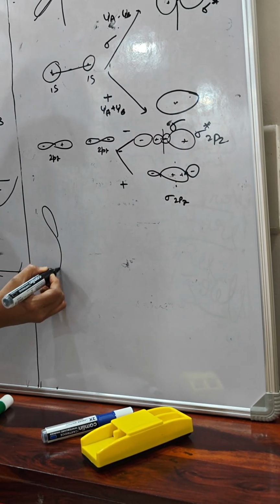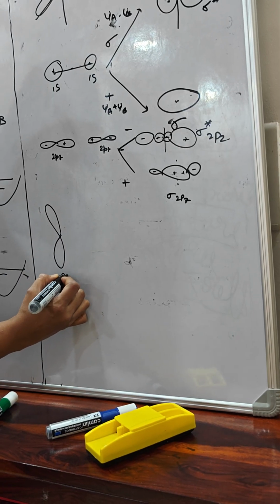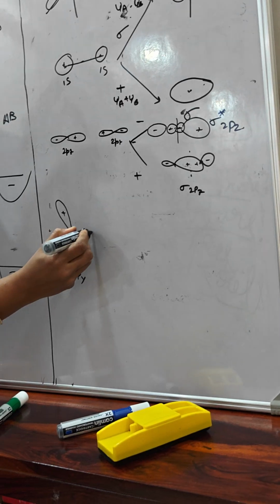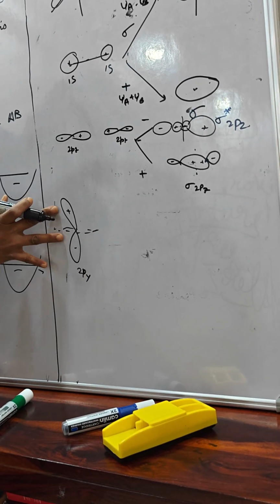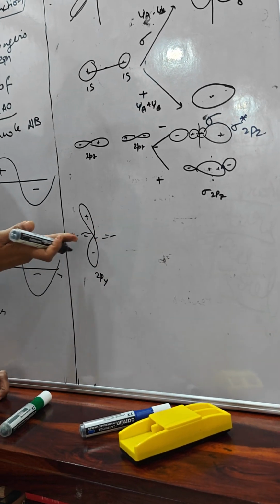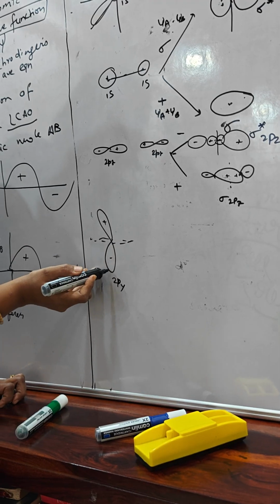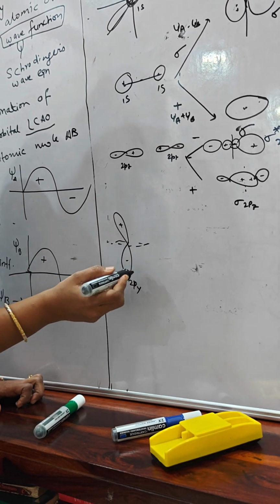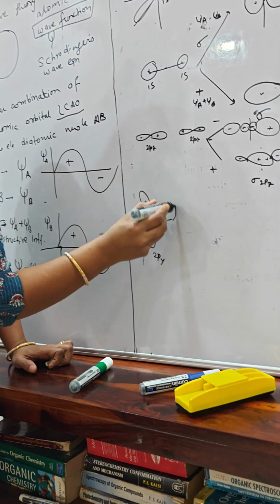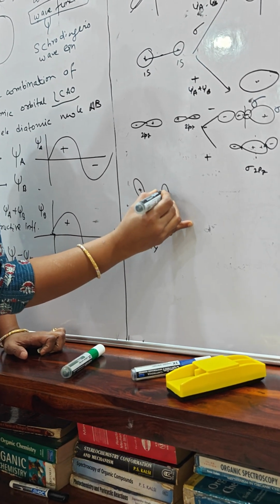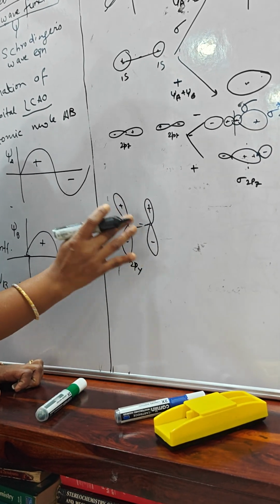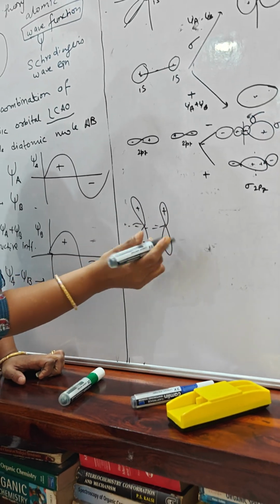In case of pi 2py, 2py is non-symmetrical around the molecular axis. Here it is positive phase, here it is negative, so it is non-symmetrical around the molecular axis. So it will give a pi bond, a pi molecular orbital. It can combine in phase and out of phase.